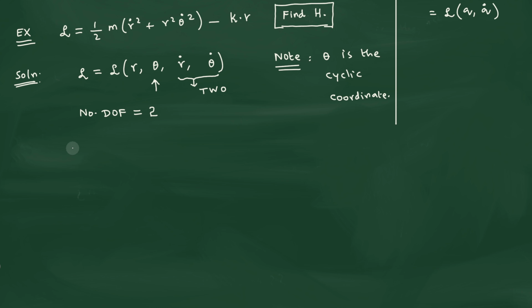So now the next step is that you'll have to write down the defining equation for the generalized momentum, because our objective is to calculate the Hamiltonian. For the Hamiltonian calculation, your first step is to write down the defining equation for the generalized momentum.